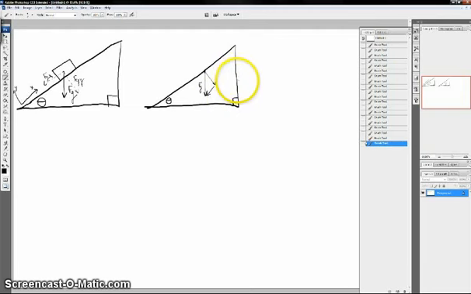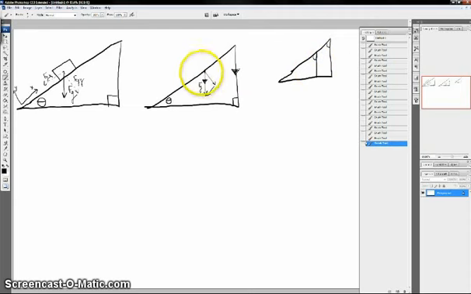So there's a couple of things that I know about this diagram here. This line here is parallel to the force of gravity vector right here. These two lines are parallel. If you remember a little bit of your geometry, if you have a triangle and you split the triangle with a parallel line right there, then these two angles are congruent to each other.